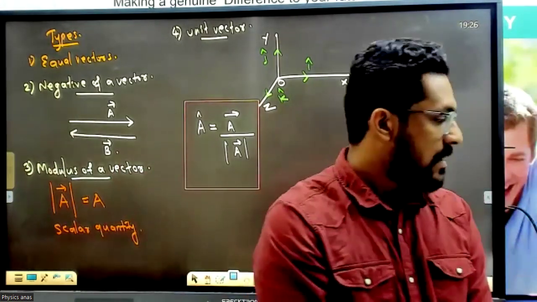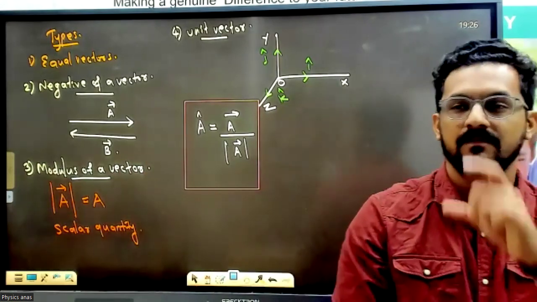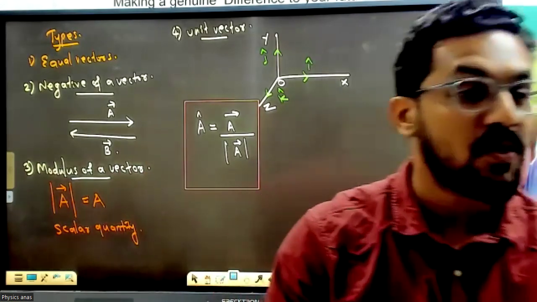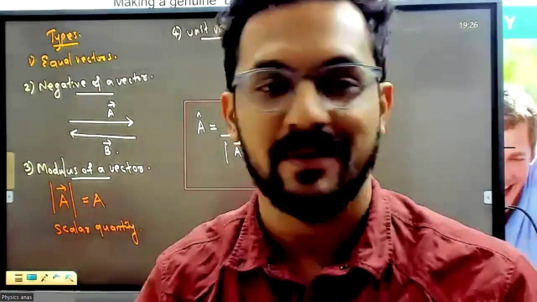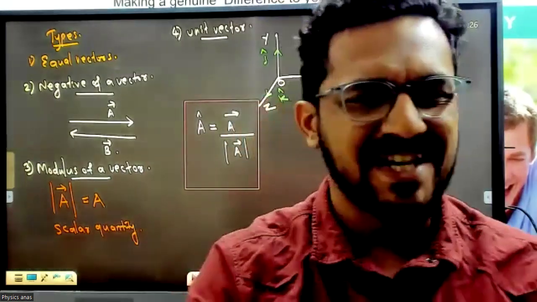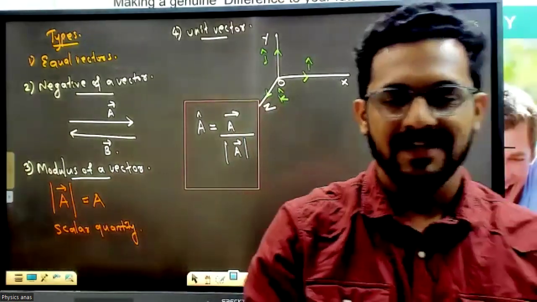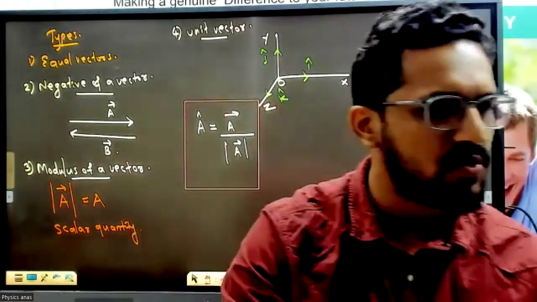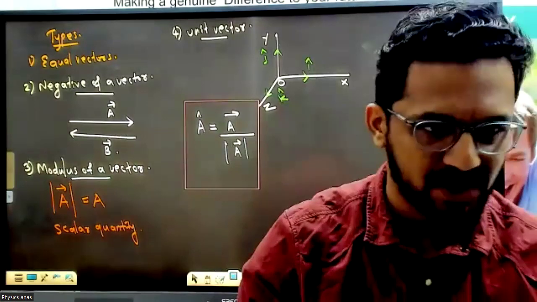Now, the unit vector has no unit or dimension. What is a unit vector? It's just a direction. That means it does not have a unit and it does not have a dimension.